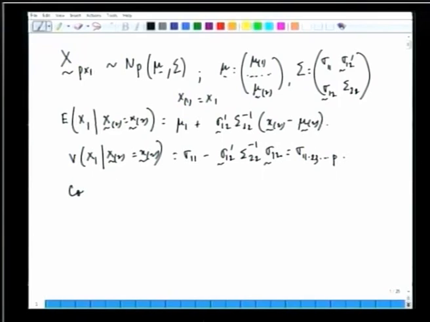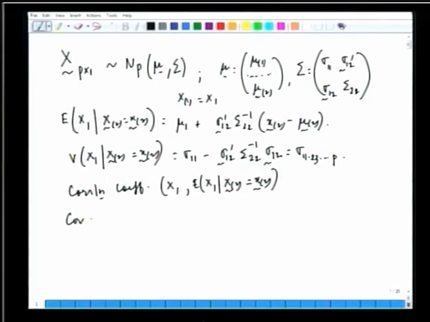And we had taken up the calculation of the correlation coefficient between x1 and its conditional expectation conditioned on x2, the residual part of the random vector.